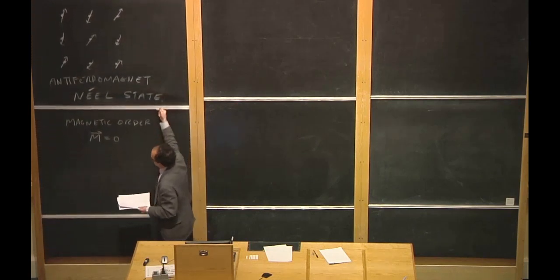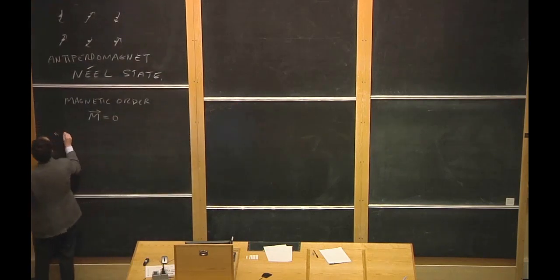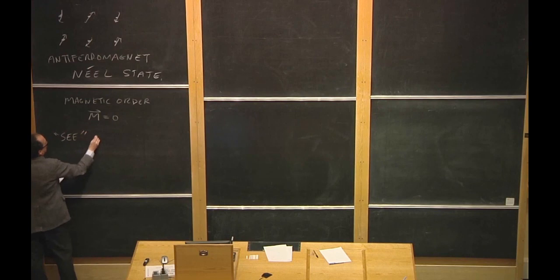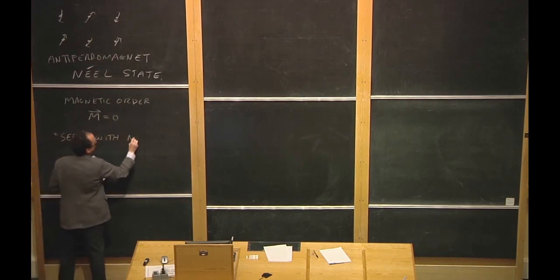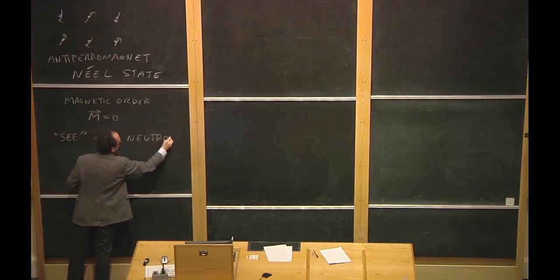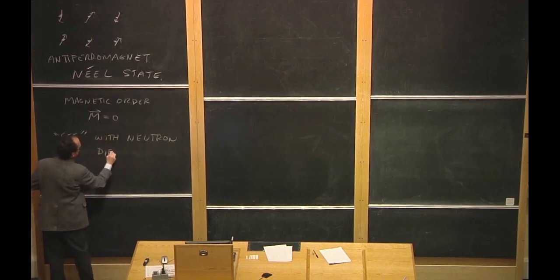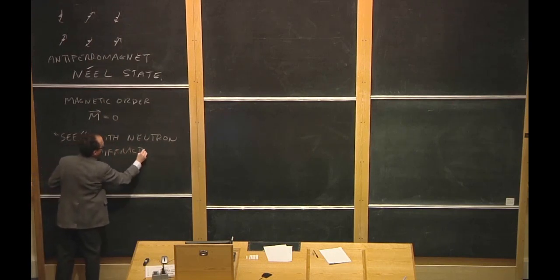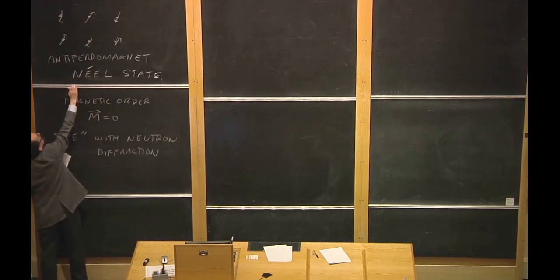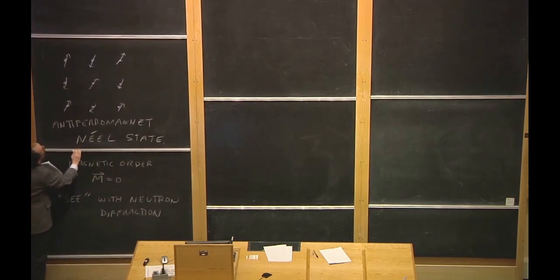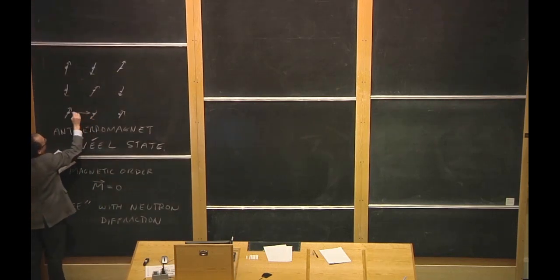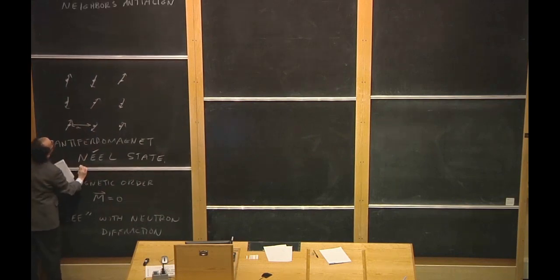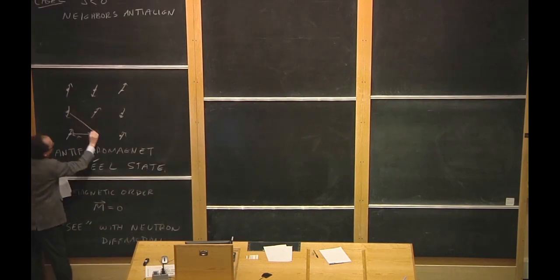So let me, you can write that down. You can see it with neutron scattering, or neutron diffraction, I guess we should call it. So the elementary lattice constant here might be a, but the neutrons actually see a lattice constant which is this big.